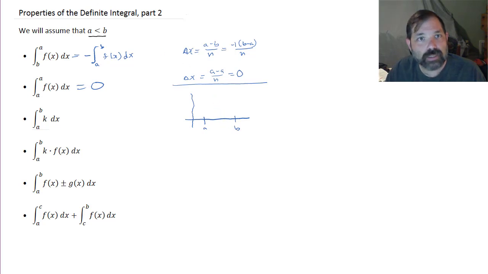And if k is a constant function, so here's my constant function k, then the area that we're finding through this integral is exactly that of a rectangle. And so it's a rectangle of width b minus a, and height k. Thinking of this integral as an area, this integral is just the constant times (b minus a).